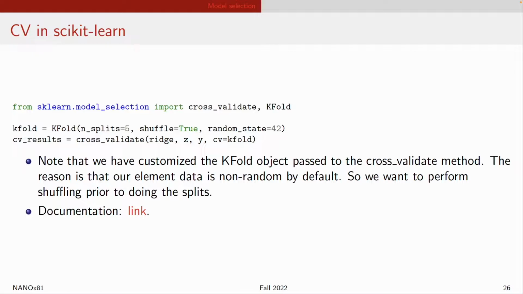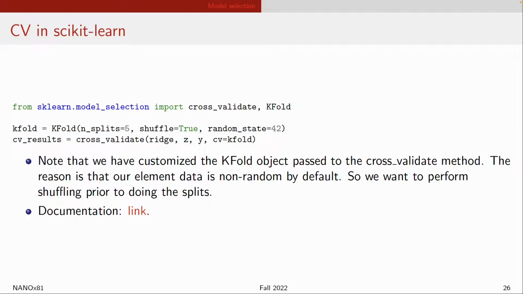Because sometimes the data that we give you is already arranged in some non-random form, okay? And you want the code to do some random shuffling before you do any k-fold cross-validation or train test split, okay?